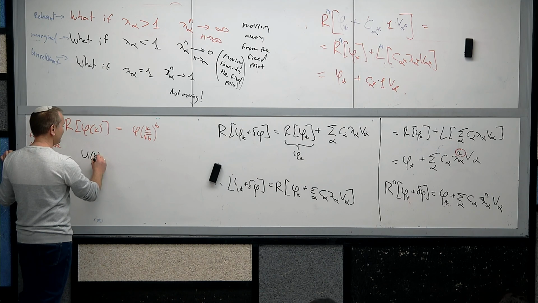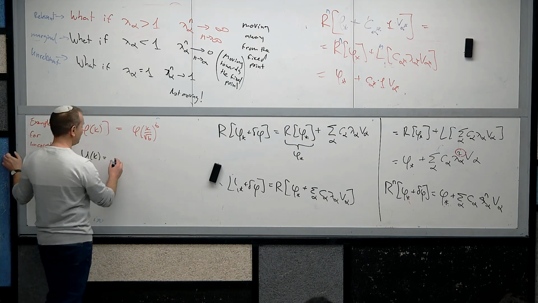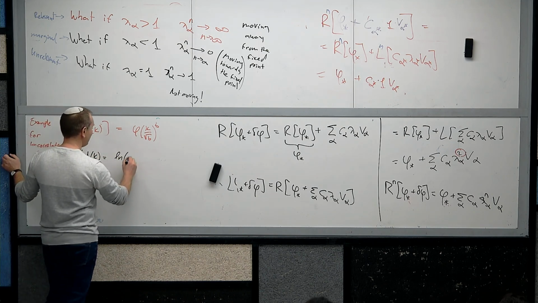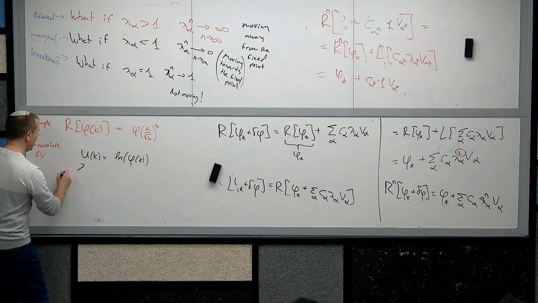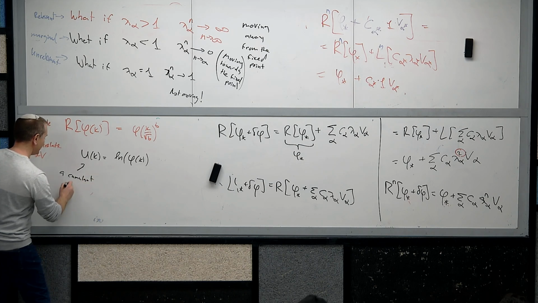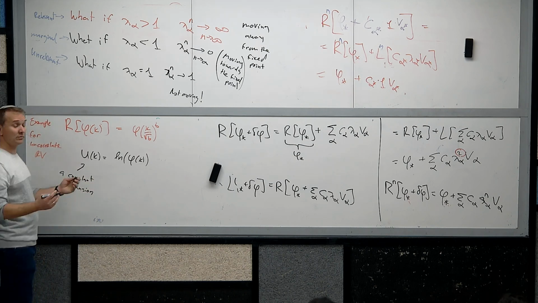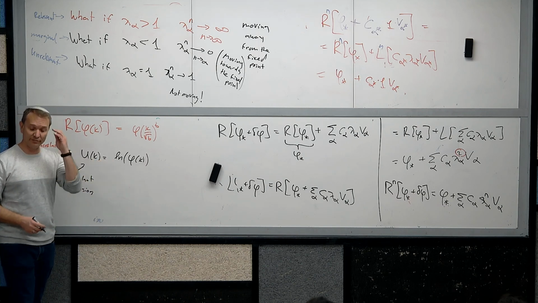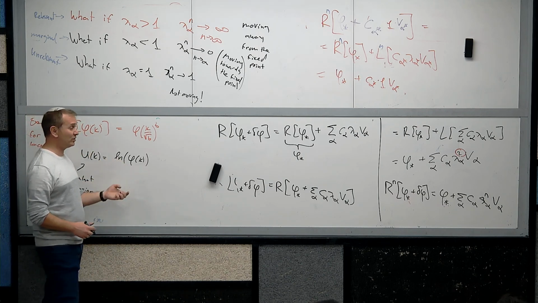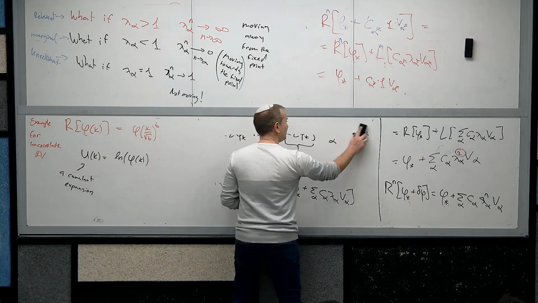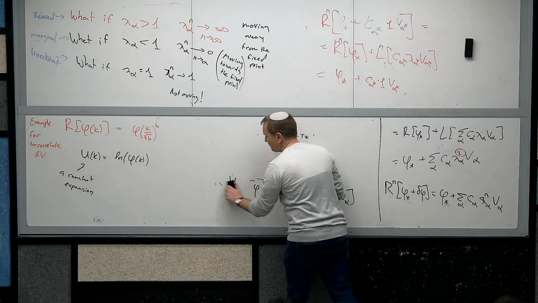U of K, which is a logarithm of phi of K. This is called a cumulant expansion. Since the logarithmic function is a one-to-one function, you can work with a logarithm of phi of K or with phi of K itself. The result is going to be the same.